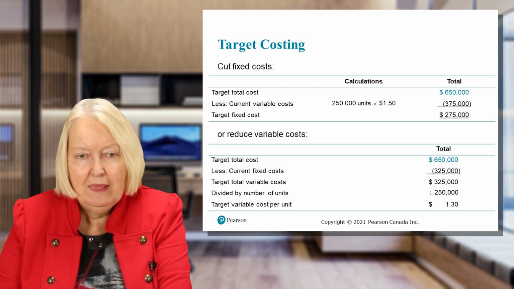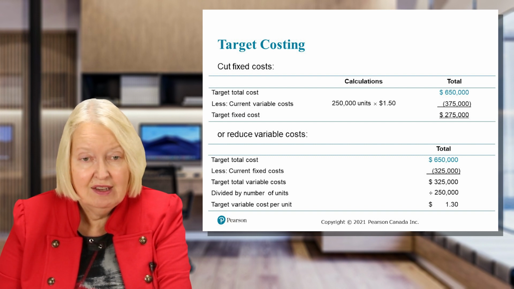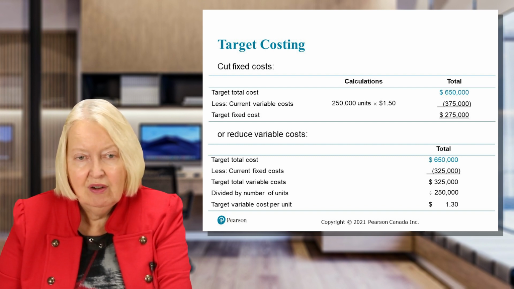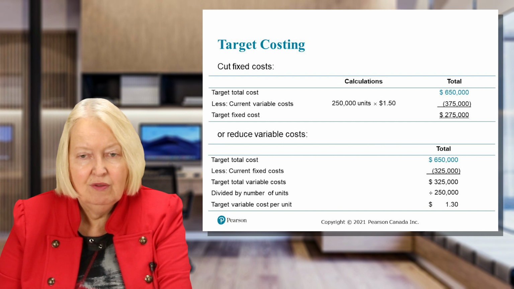So here we have a total cost target of $650,000. Our current fixed cost is $325,000. So this means your variable cost can only be $325,000 divided by your 250,000 units. So each unit can only cost $1.30 per unit.